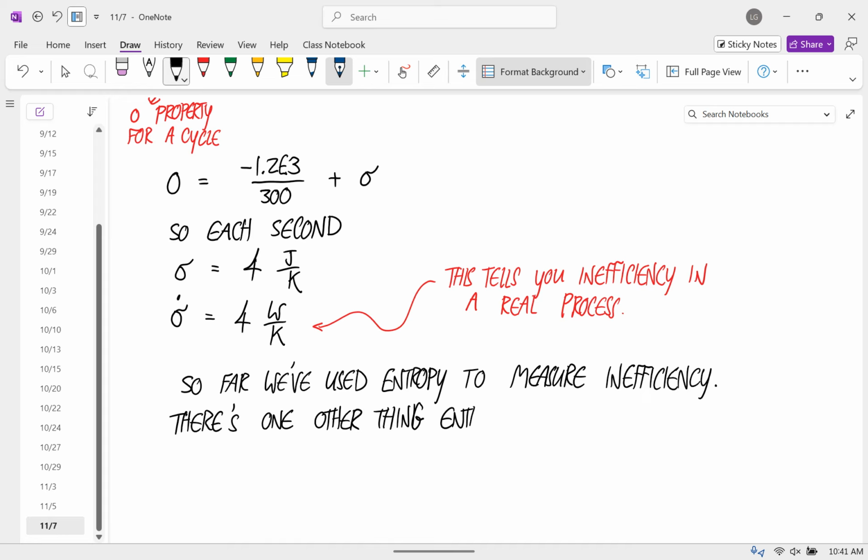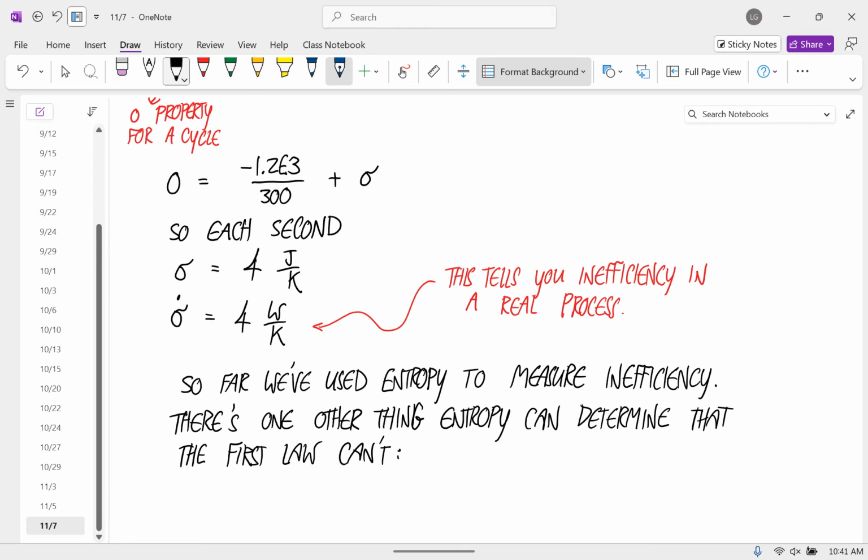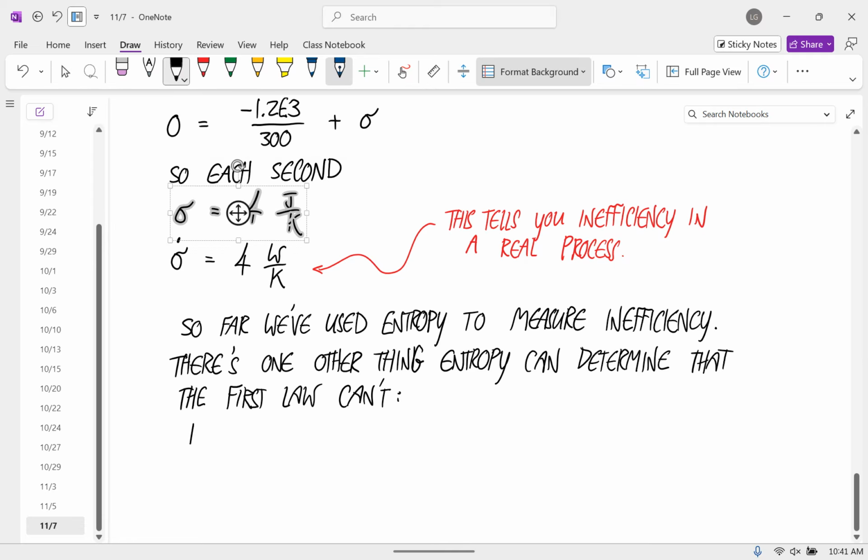So one other thing entropy can determine that the first law can't, and that is the directions of processes.